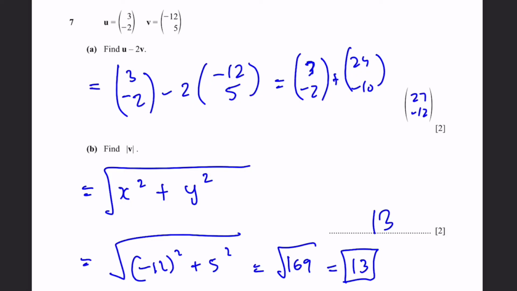You might ask why this is 13 and not plus or minus 13, because the square root can take two values. But we know that this is a length function or a magnitude function. And how would you have negative 13 as a length? You can't, right? We cannot have negative values for length. So it's only plus 13, that's our answer.